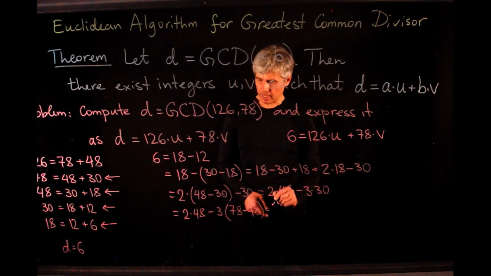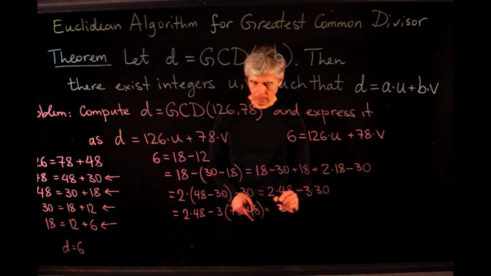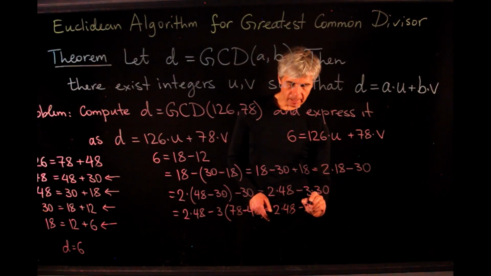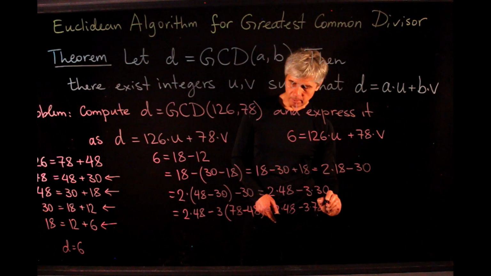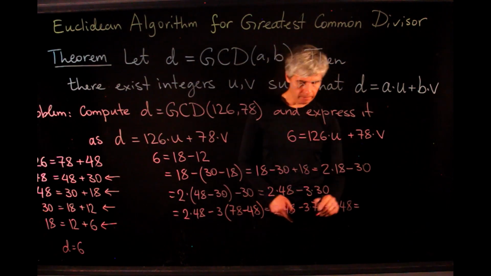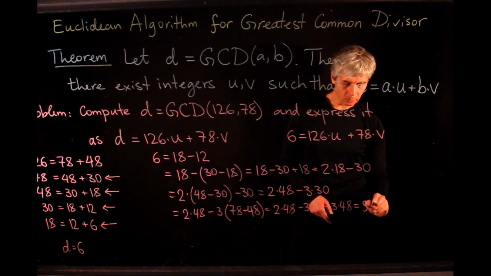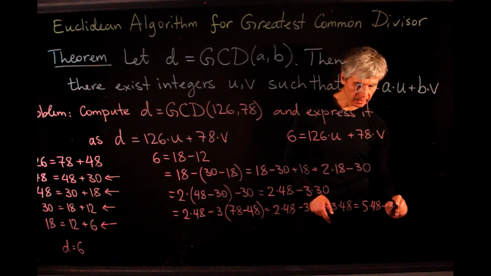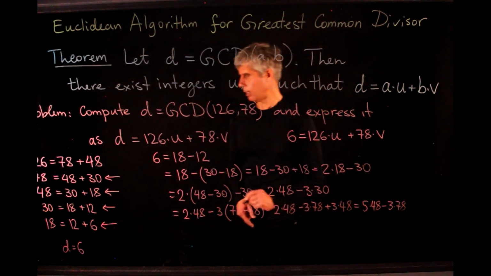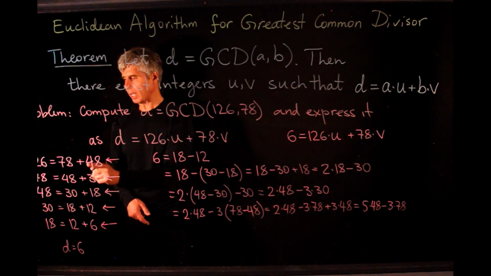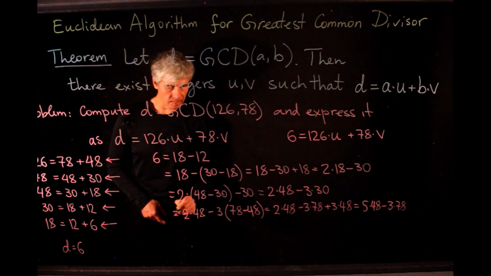So that becomes 2 times 48 minus 3 times 78 plus 3 times 48, which is 5 times 48 minus 3 times 78. And finally, we eliminate 48 from here by writing 48 as 126 minus 78.